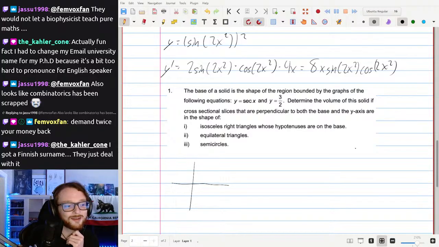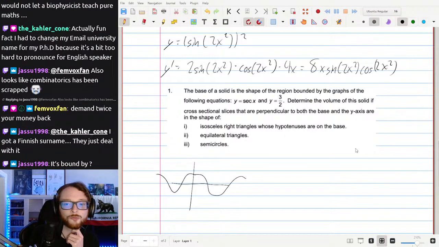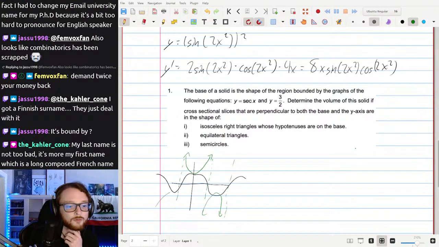So secant is 1 over cosine. Cosine looks like that, which means 1 over cosine has asymptotes at the zeros and just kind of touches tips with cosine like that. I didn't do a very good job drawing that one. Who cares?